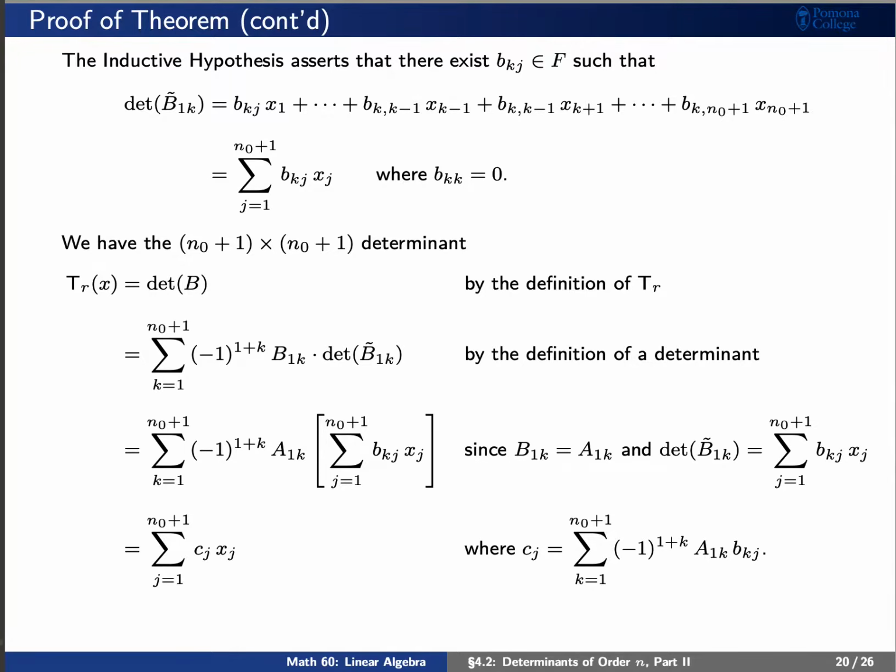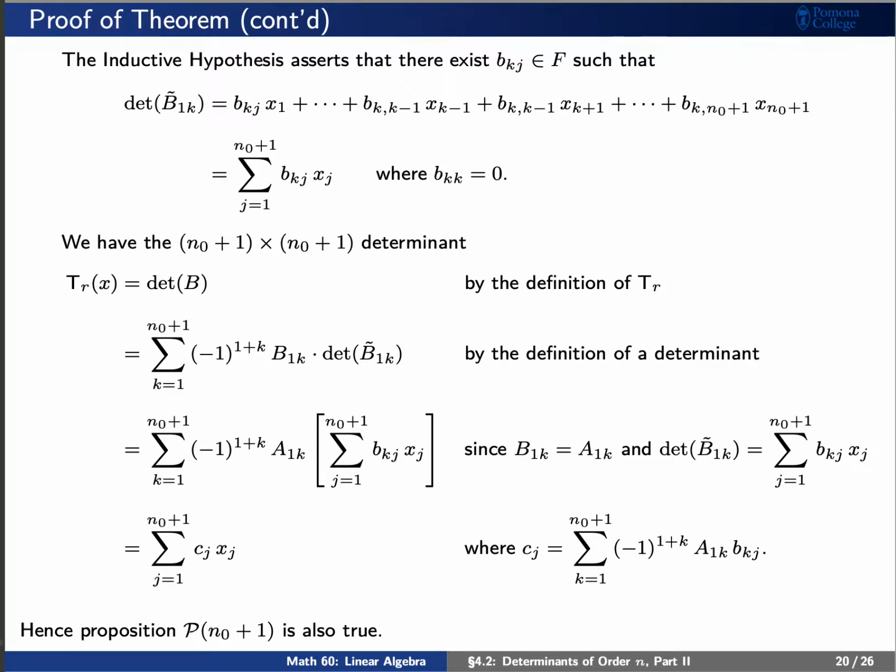However, we just found an expression using the inductive hypothesis for B1k tilde, which means that we can express this determinant now as a sum involving the variables x sub j. So combining things in a different way, we again see that T sub r of x is a sum in terms of coefficients times the variables x sub k, which does show the proposition P of n0 plus 1 is also true.